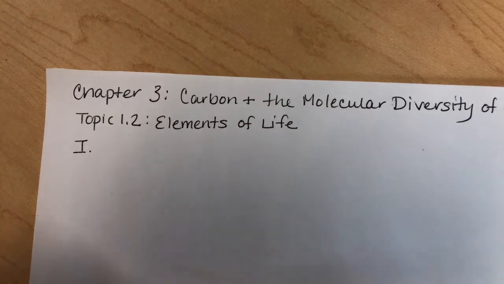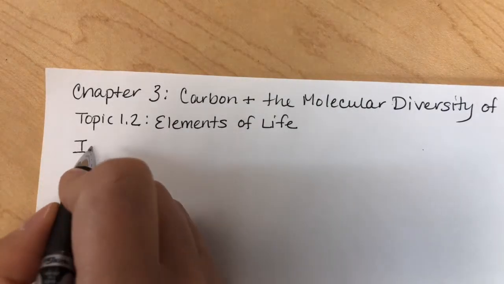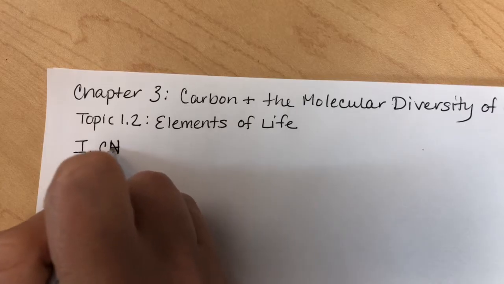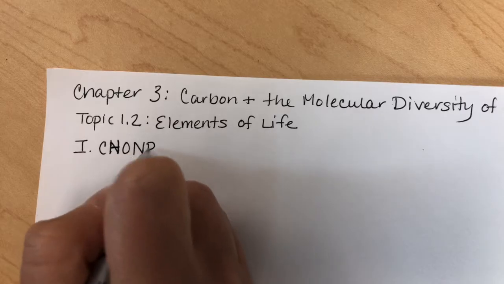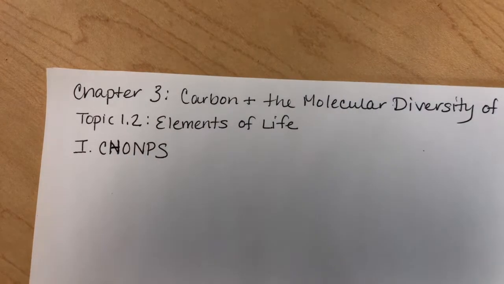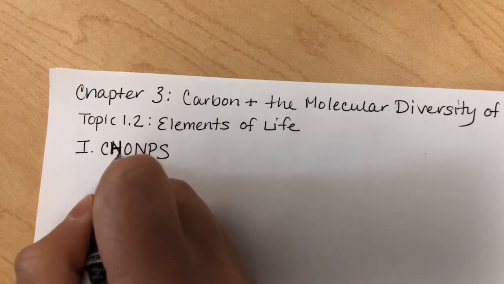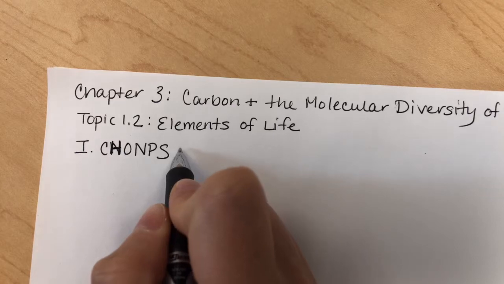All right, so let's do a Roman numeral number 1. And I'm going to abbreviate CHONPS. These are the 6 elements that are found in the majority of molecules that comprise living things.